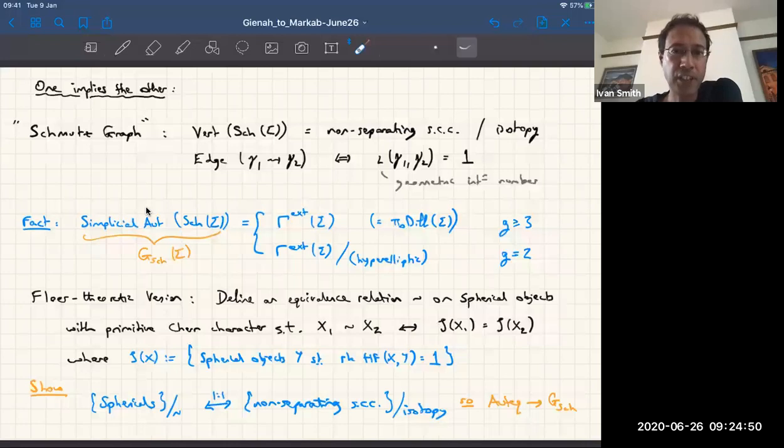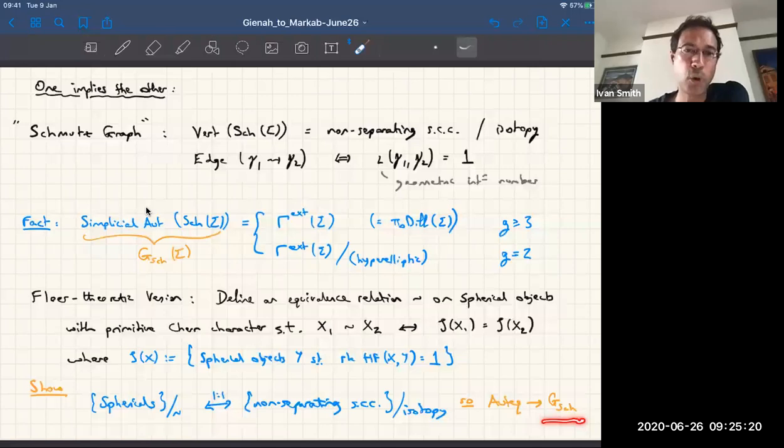On the other hand, the equivalences of the derived Fukaya category obviously act on spherical objects compatibly with this equivalence relation, which is just in terms of spherical objects and morphisms in the category. So this defines for you immediately a homomorphism from the autoequivalence group to the simplicial automorphism group, the automorphisms of the Schmutz graph, and hence to the extended mapping class group, more or less.